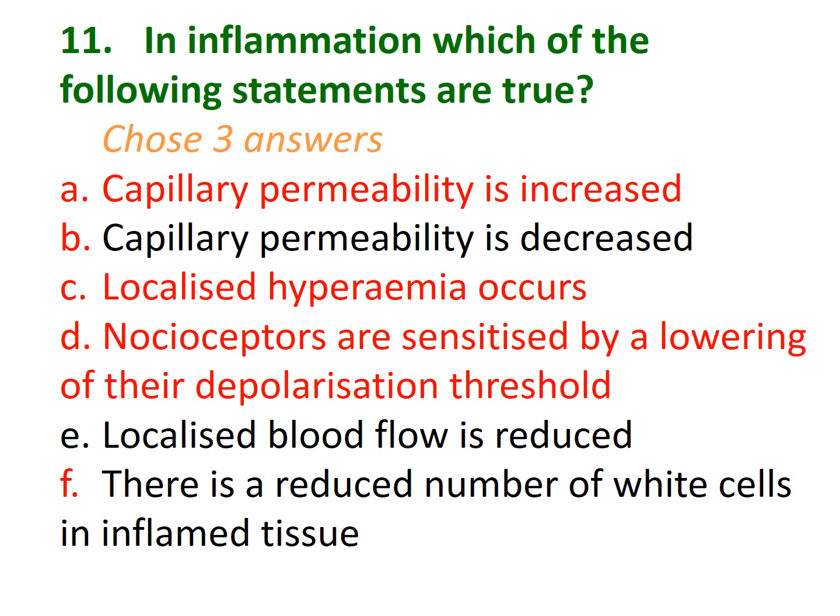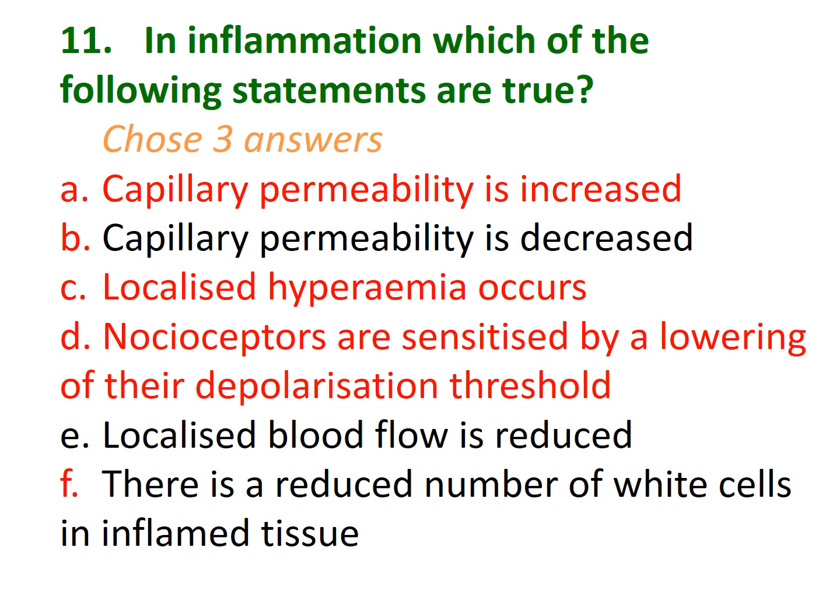So the very fact that there's blood pulsating through an area can stimulate the nociceptors. That's why inflamed areas can sometimes throb, because the nociceptors are so sensitive they're generating a pain in response to the blood going through the area. But that's why the area is very sensitive to pain, because the nociceptors are sensitised because their depolarisation thresholds are reduced.